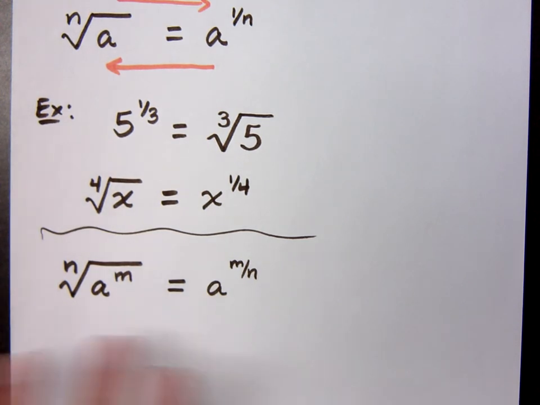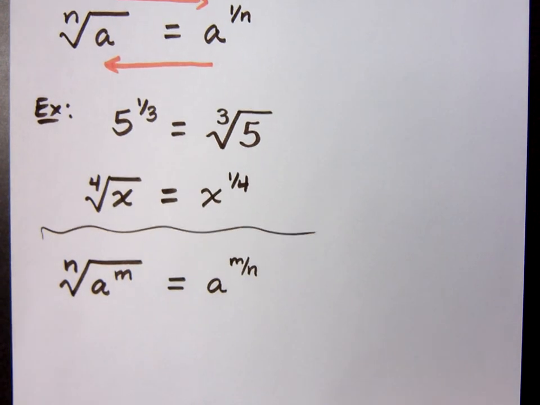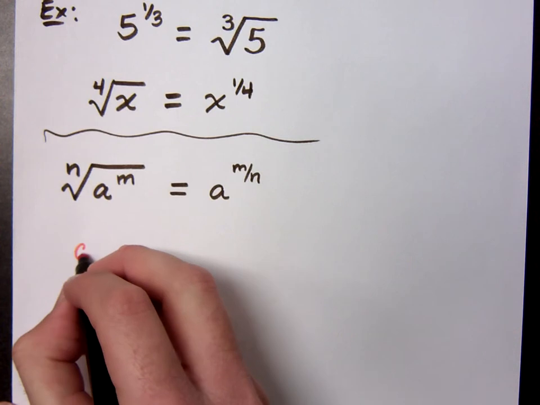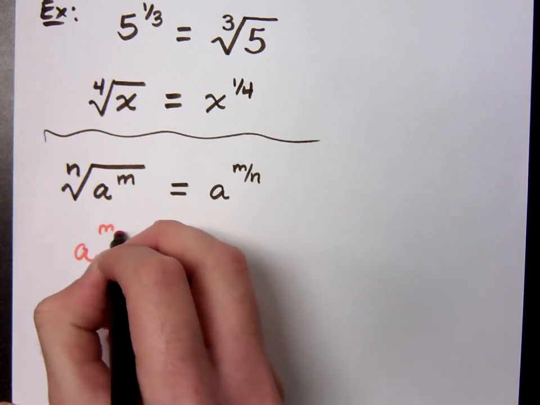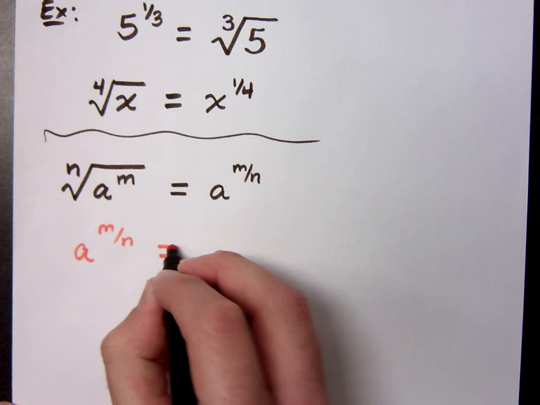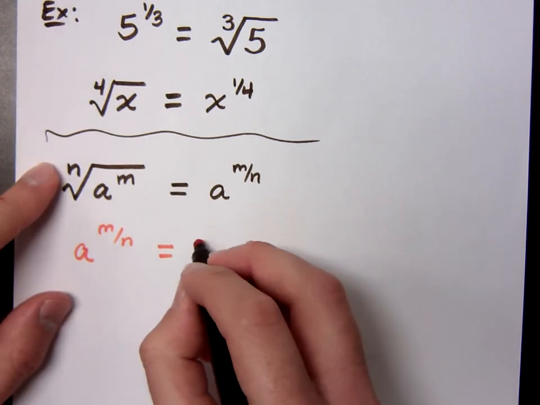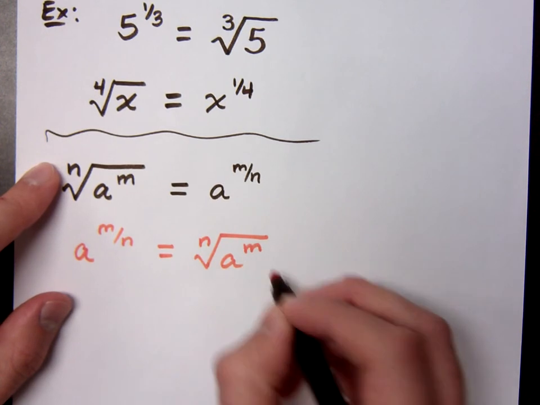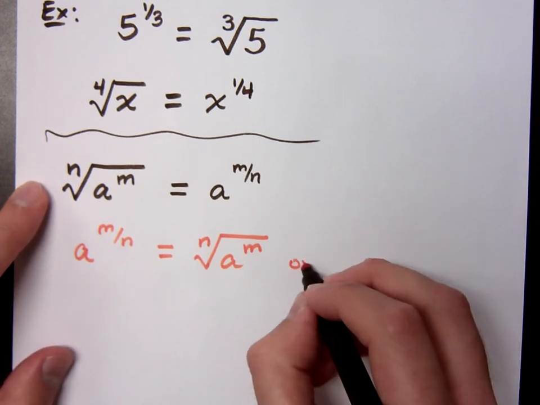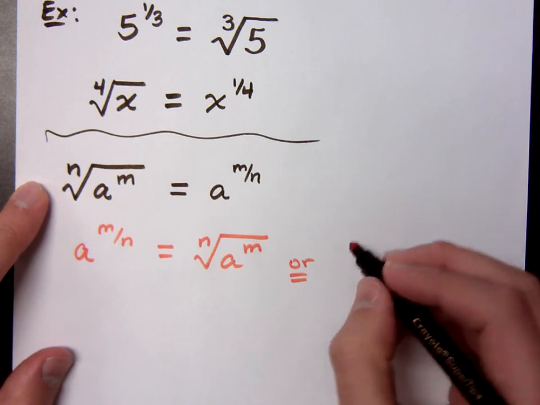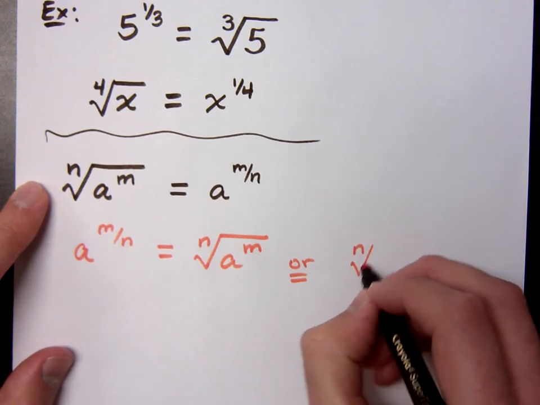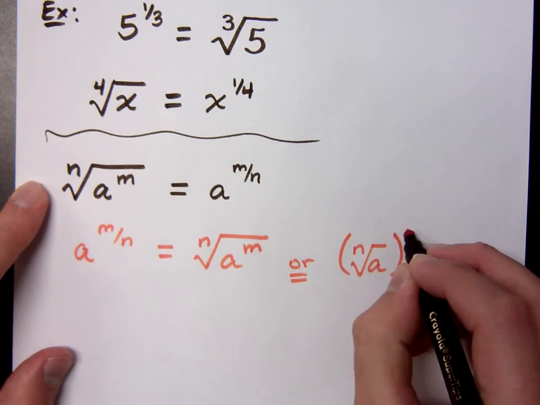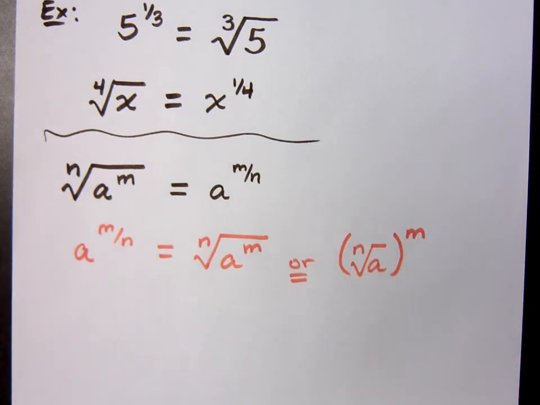So this is really the main part of this whole section. Anytime you see something of this form, a to the m over n, you can write that as the nth root of a to the m, or what may be even better for you is the nth root of a and the whole thing raised to the m power.